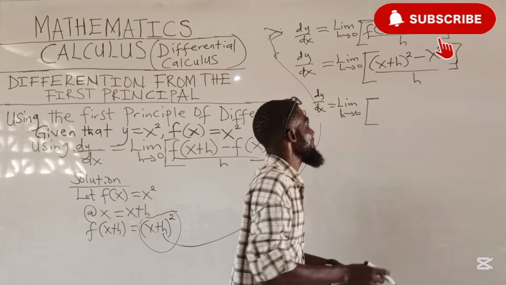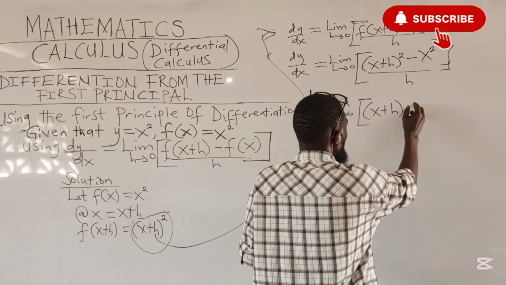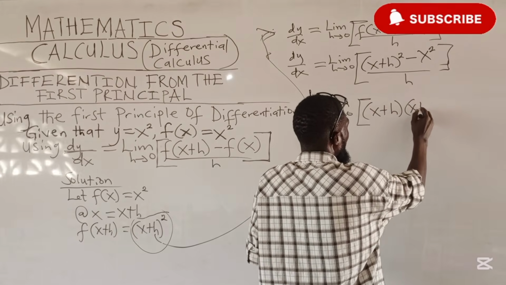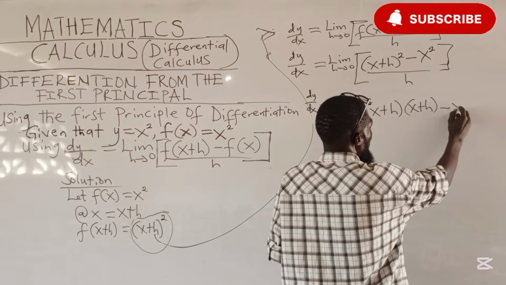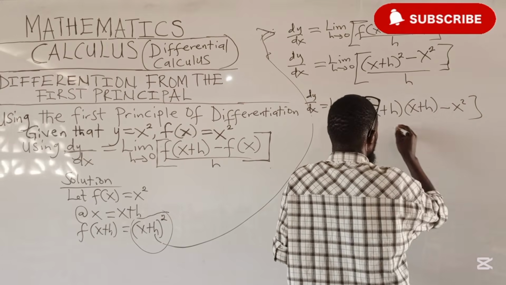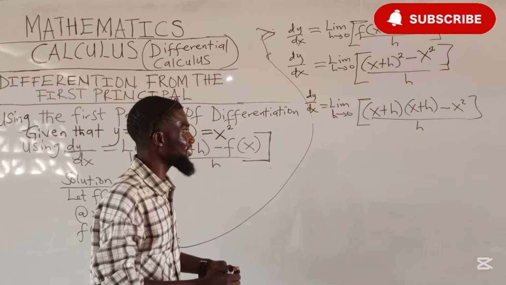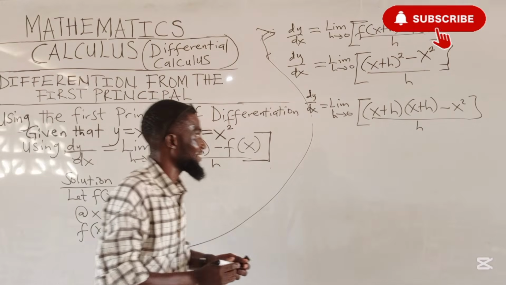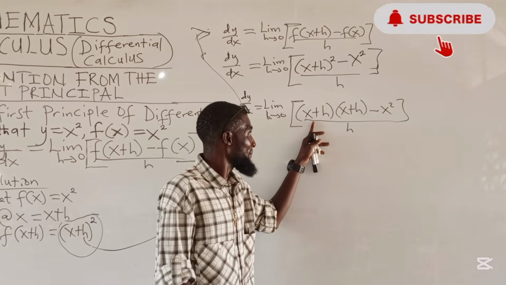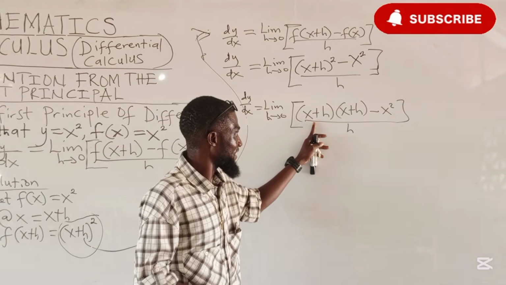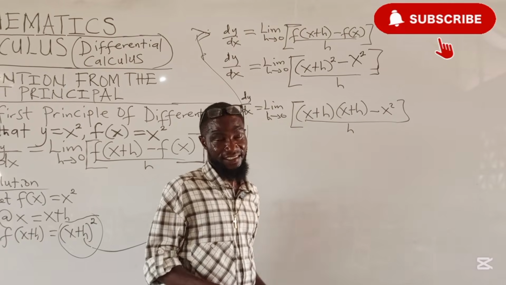In expanding it, we say (x plus h), another one (x plus h), minus x squared, bracket closes over h. So on this note, ladies and gentlemen, the next thing involved will be multiplying the values in the first parenthesis by the values in the second parenthesis.